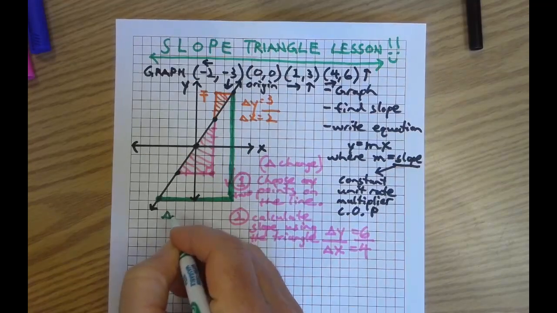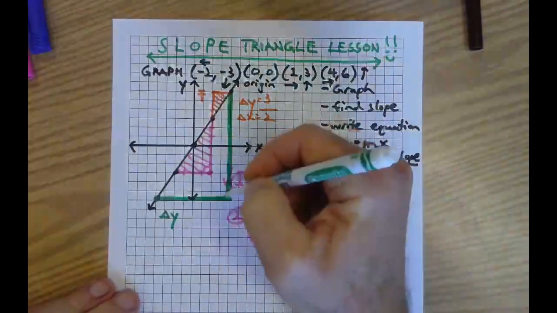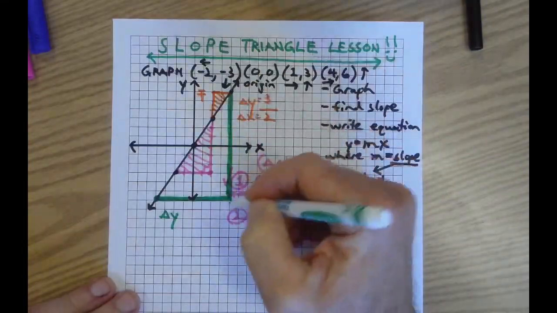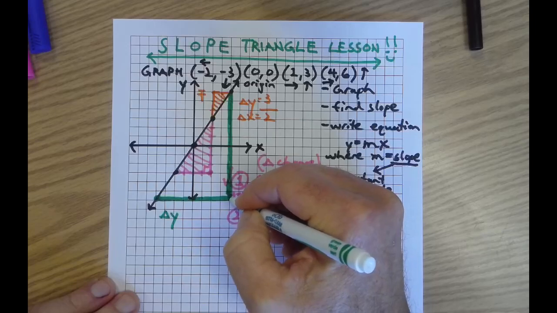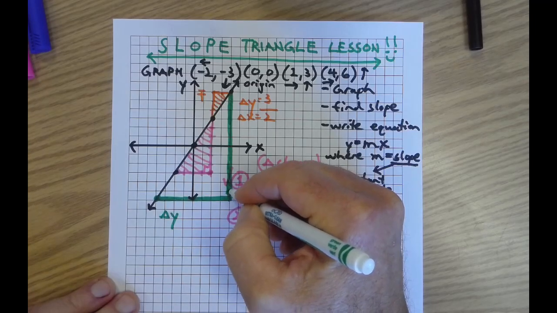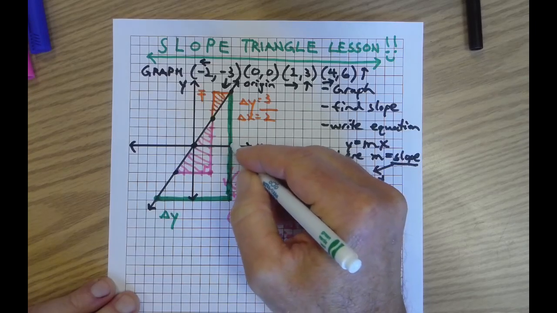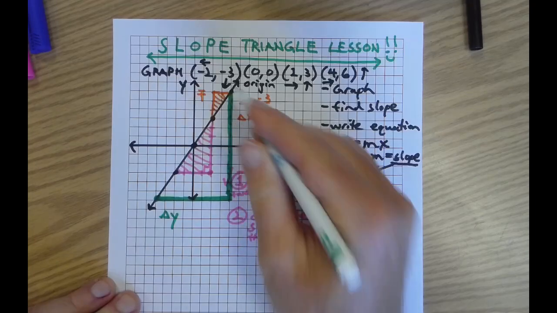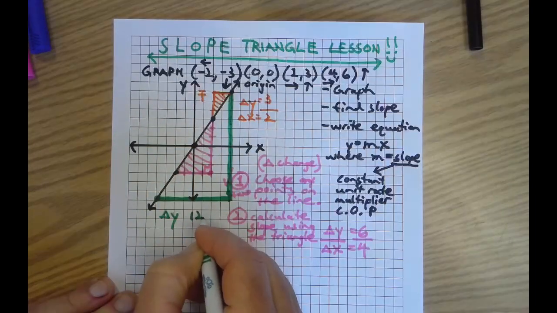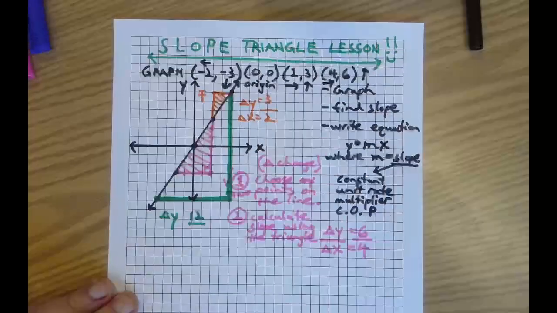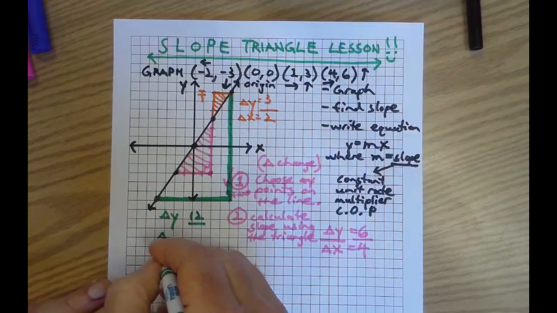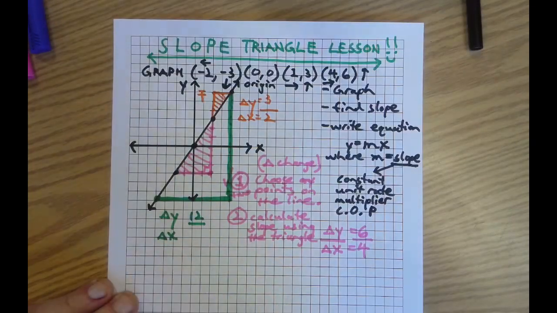It's going to have a vertical change. So I'm going to start down here this time, and count the intervals. 1, 2, 3, 4, 5, 6, 7, 8, 9, 10, 11, 12. That's a big number. I almost can't count that high. Now we do the horizontal change.